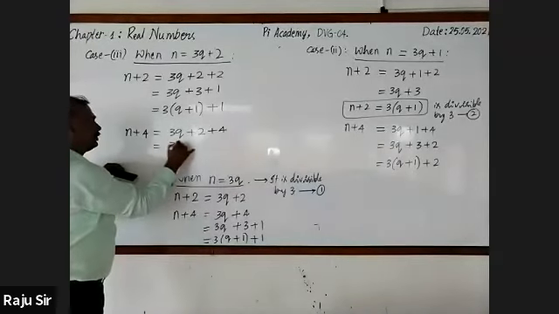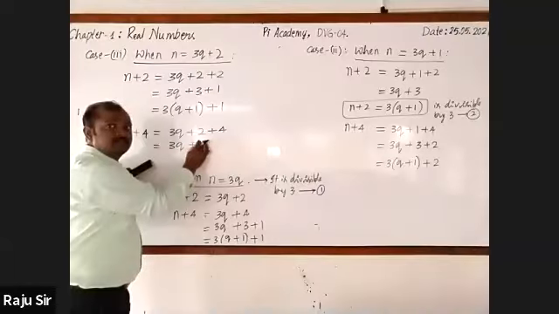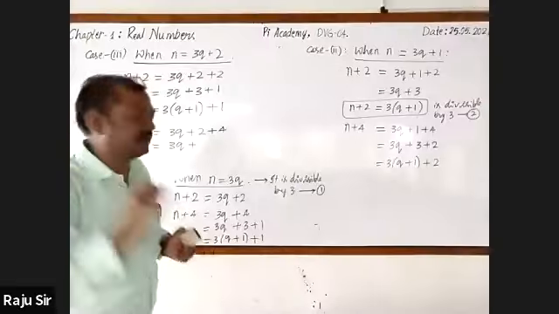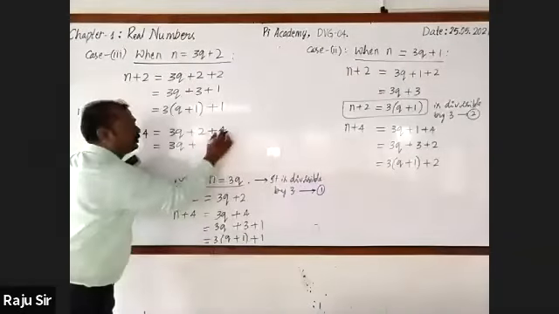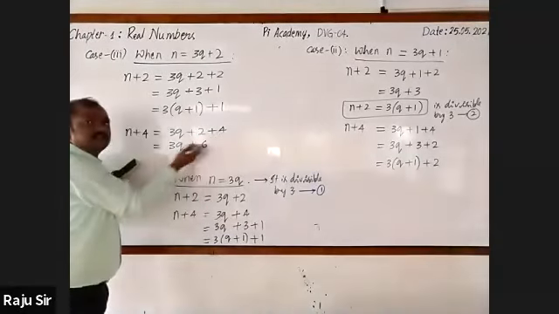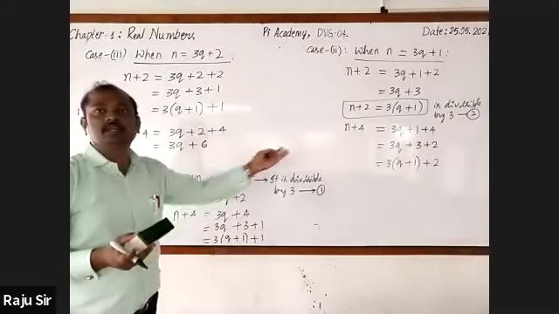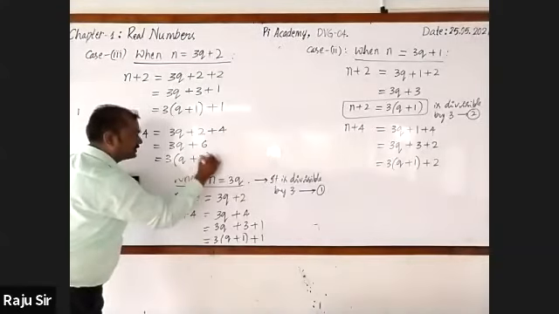It is equal to 3q plus 6. 2 plus 4 is 6. 6 is a multiple of 3. You can keep that as it is. You can write it as 3q plus 3 into 2, which is 3 into q plus 2.